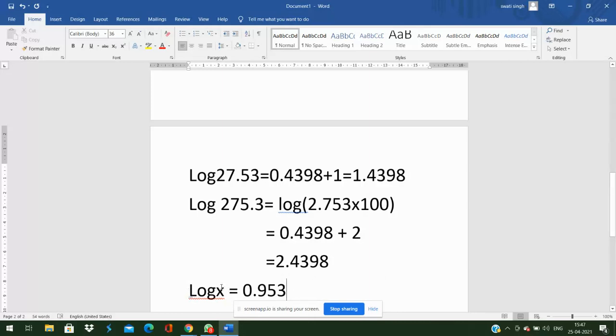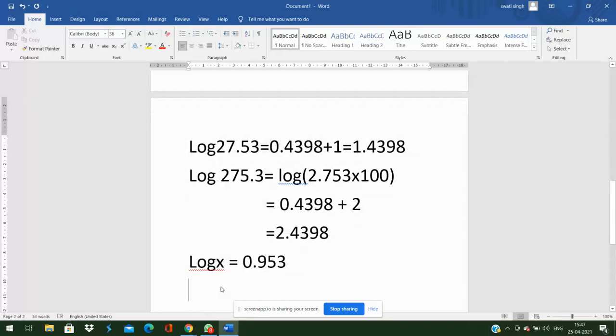If log x is there, it's not possible to find the answer. So here we'll apply antilog. So x is equal to antilog. When we apply antilog, the log is removed. Antilog under bracket 0.953.